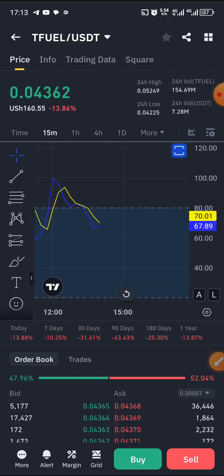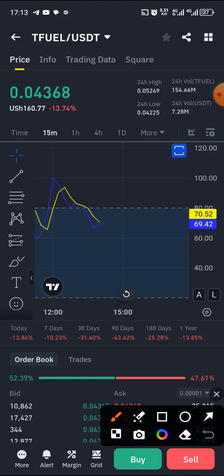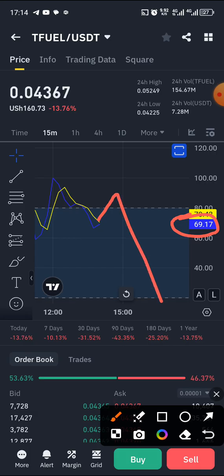And in 15 minutes, it is showing you that it is around 69. Meaning if it goes in the overbought area, of course it will come down. Still, it is signaling that there are higher chances of this coin to go still down.